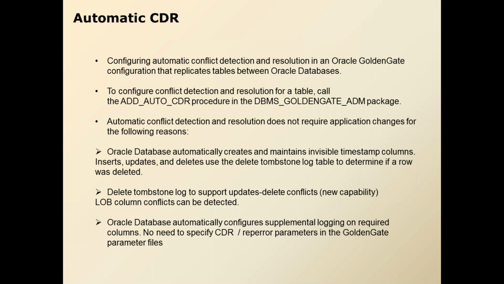To configure conflict detection and resolution for a table, call the ADD_AUTO_CDR procedure in the DBMS_GOLDENGATE_ADM package. So there is a procedure called ADD_AUTO_CDR, which is inside the package DBMS_GOLDENGATE_ADM.